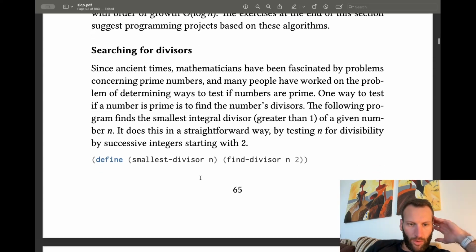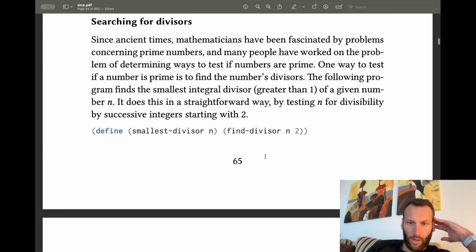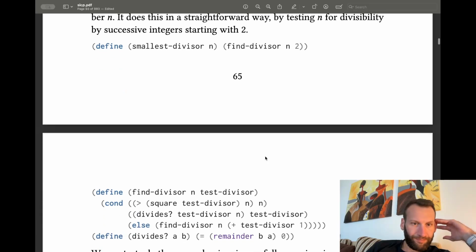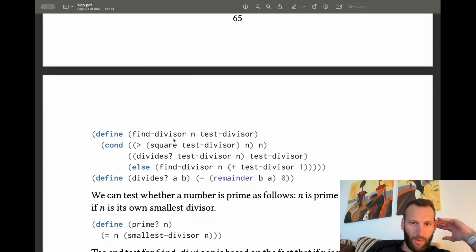Let's see, so here we have a definition, smallest divisor takes an argument n and calls the procedure find divisor that wants two arguments n and 2. Here we have the definition of find divisor.